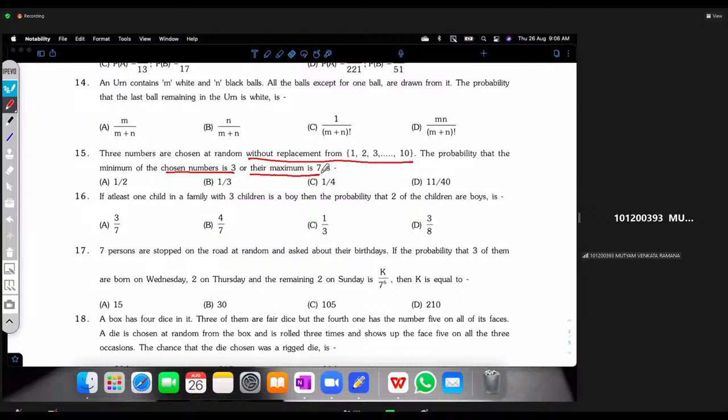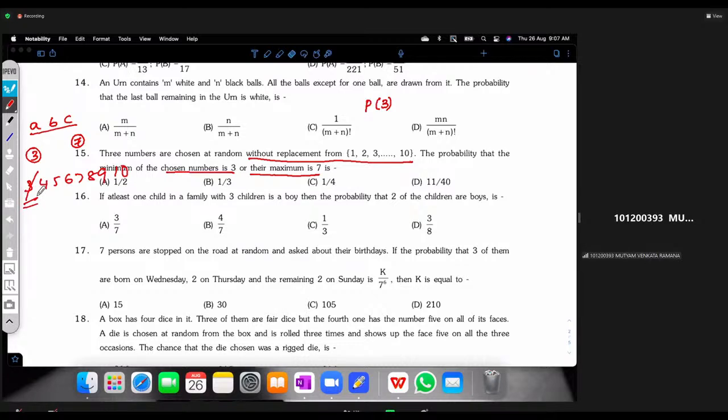So whatever numbers A, B, C are selected, either 3 or 7 should be there. Here you can go for the addition theorem of probability. So the minimum number is 3. So 3, 4, 5, 6, 7, 8, 9, 10.